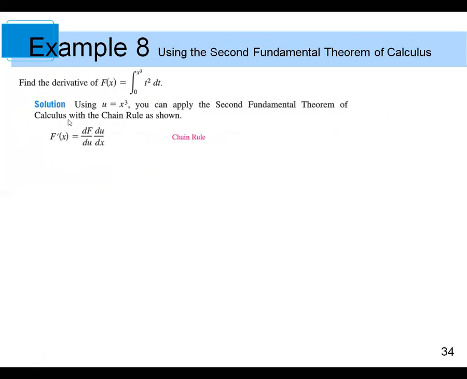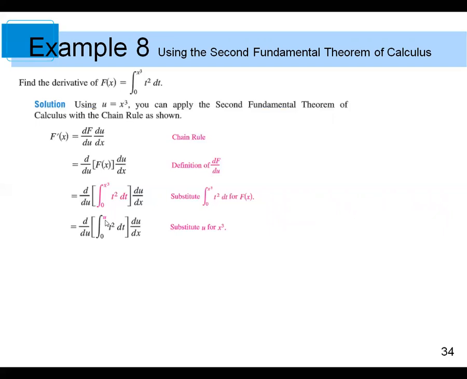So capital F prime is dF/du times du/dx. dF/du is the derivative with respect to u of the integral times the derivative of u with respect to x. So I'm going to replace the upper limit with u and get u squared times 3x squared. The 3x squared is the derivative of the x cubed. Now u is x cubed, so it's going to end up being 3x to the 8th.